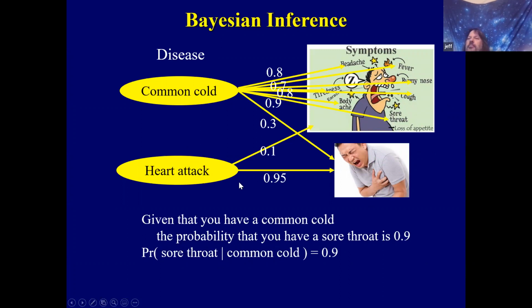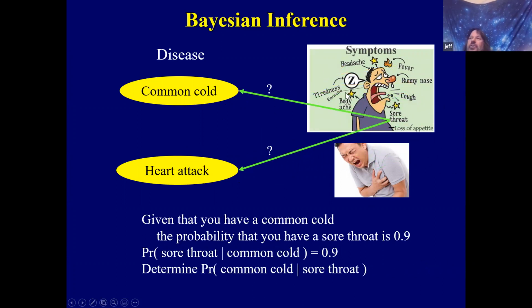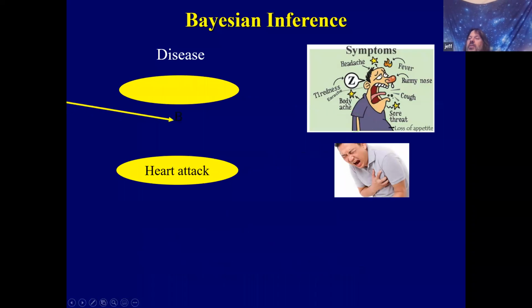And these numbers are all made up by me, so don't think they mean anything. And then we can turn it around. If you're a doctor, you know that your patient has a sore throat, and you want to know what's the probability that I have a common cold, conditioned on I have a sore throat, versus what's the probability I have a heart attack.